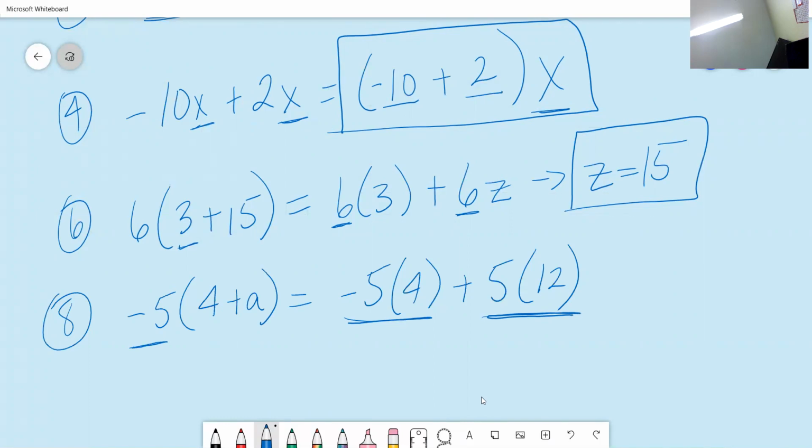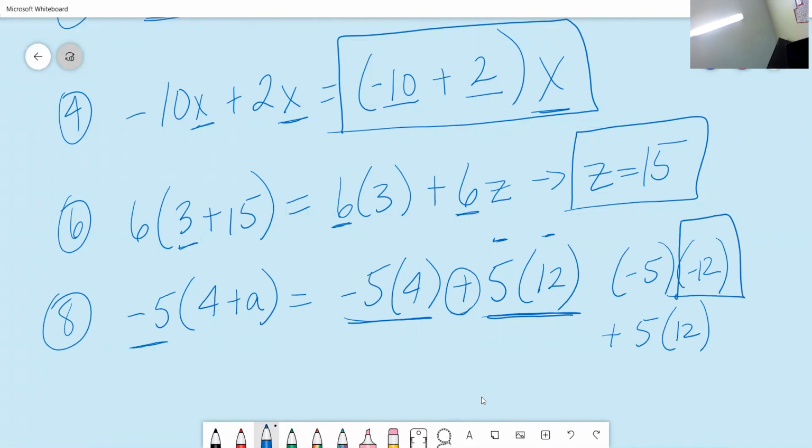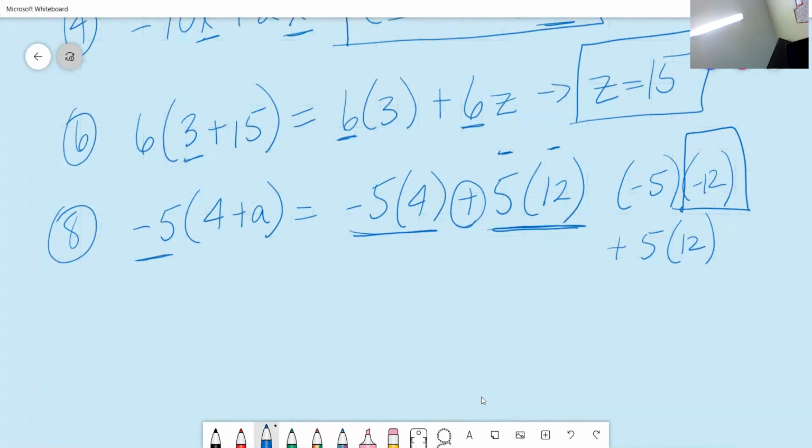Now, what times what equals a positive? So -5 times -12 equals a +5 times 12. Remember, a negative times a negative must equal a positive. So in this case, your value a is a negative because that's the only way you can end up with a positive. So a equals -12.